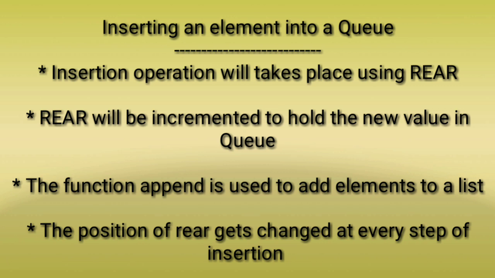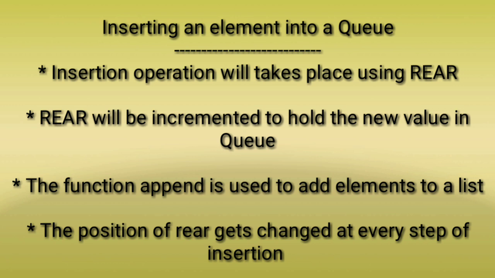Today we will discuss how to insert an element into a queue. Inserting an element into a queue takes place using rear. In a queue data structure, there are two ends.